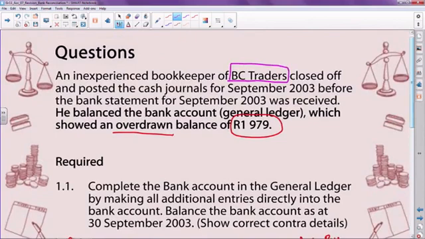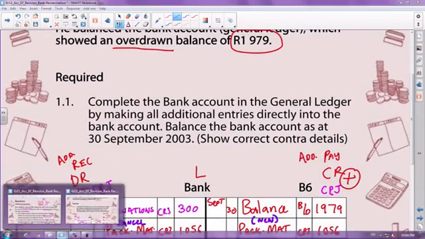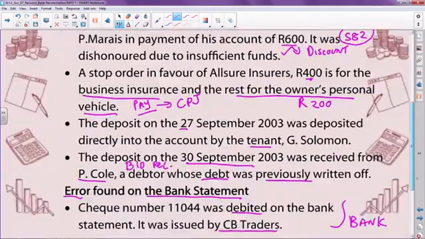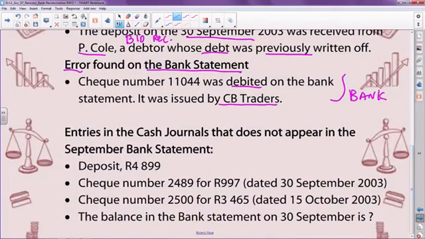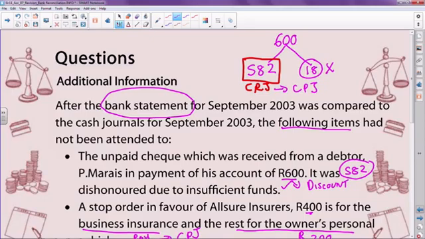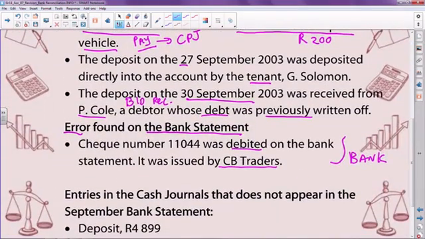That's us. We are BC Traders. According to the information that's given to me, let's find the page. Right, remember, we are BC Traders.